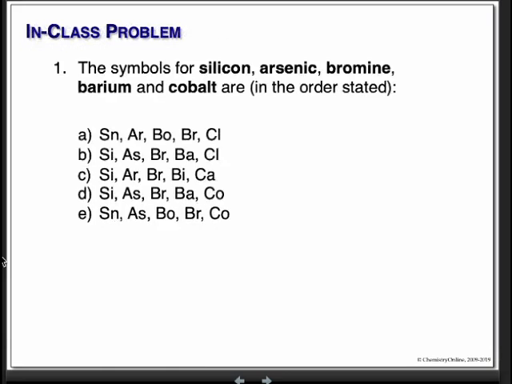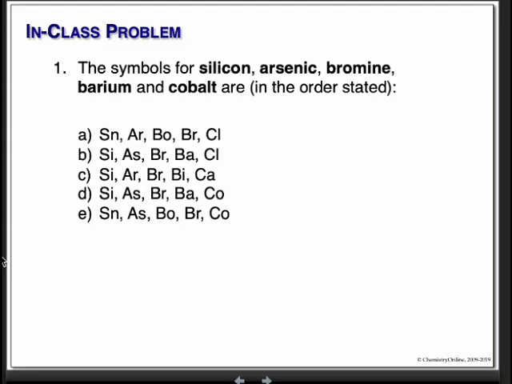This is an exam question. I asked for the symbols for silicon, arsenic, bromine, barium, and cobalt in that order. Now, I know we haven't had time to go over it very much, but if you recall, we said silicon was Si. It's over there, underneath carbon.